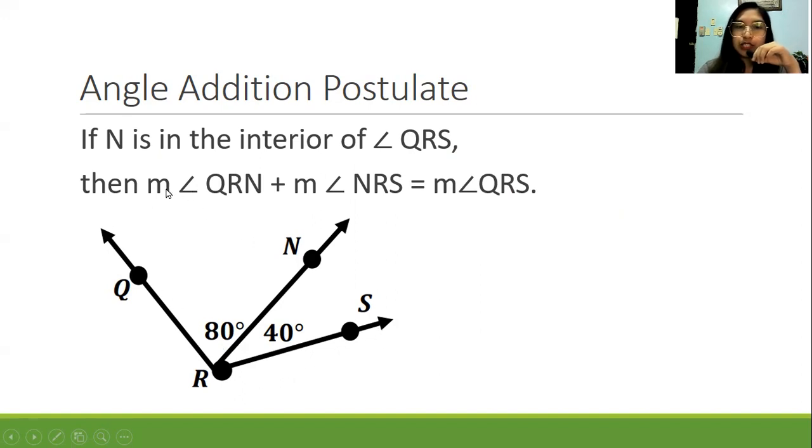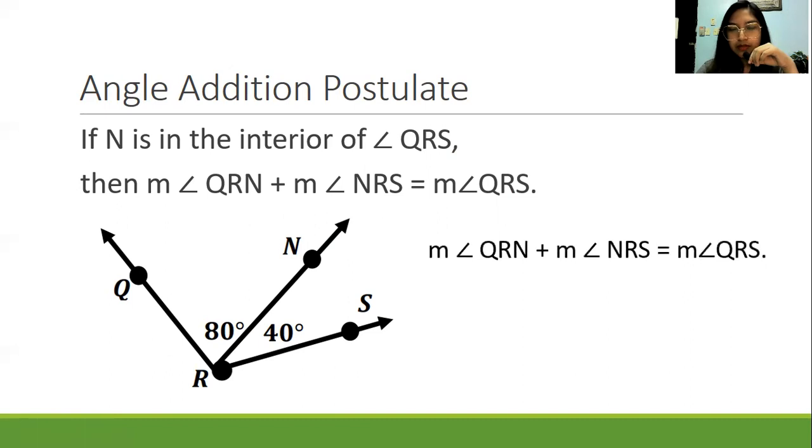Kapag sinabi natin measure of angle QRN, itong part lang po na ito which is 80 degrees. At ang measure ni NRS, itong part lang na ito which is 40 degrees, ay equal daw kay measure of angle QRS, kapag pinag-add natin yung dalawang angle.